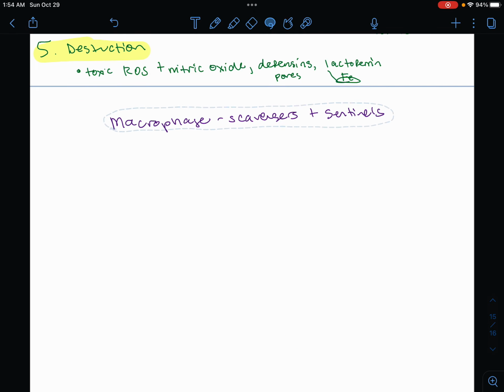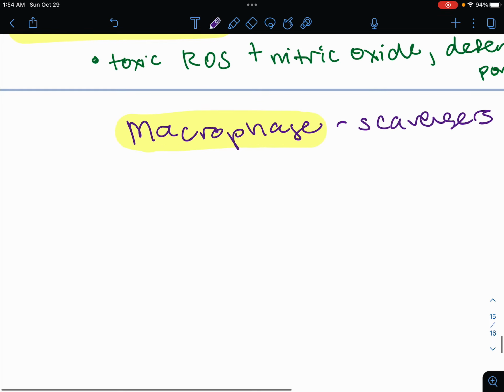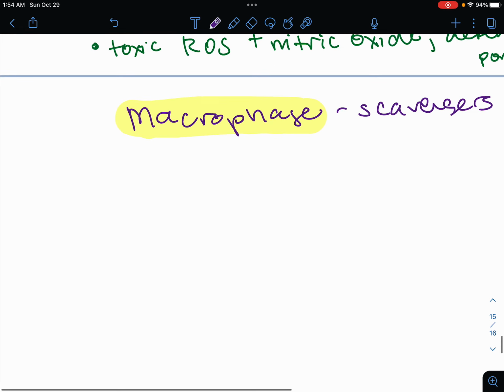Less work, look at that. There we go. Macrophage. Mononuclear leukocyte again. They're going to destroy invaders, of course, and eat up dead cells and debris.